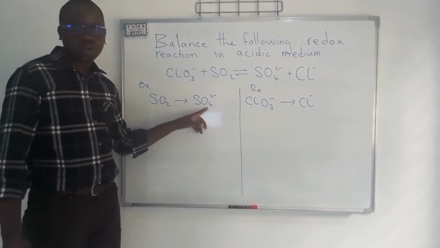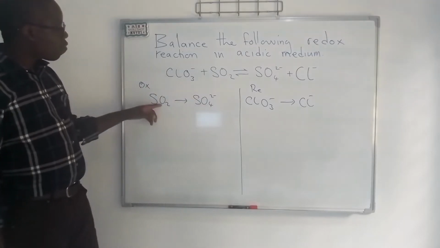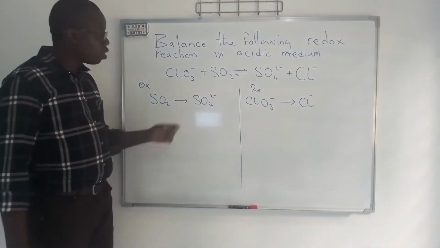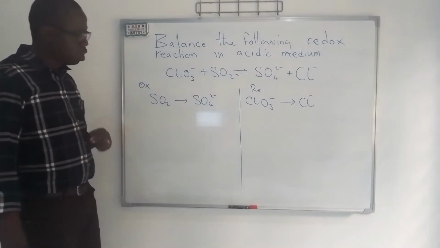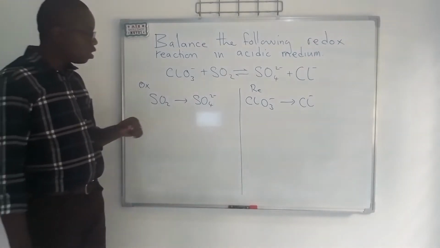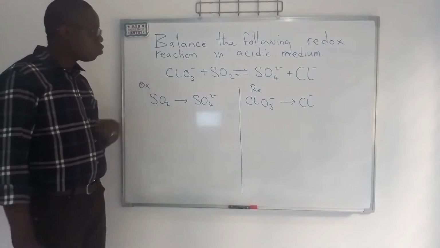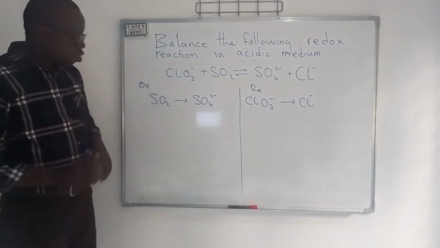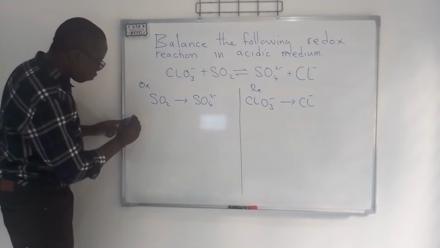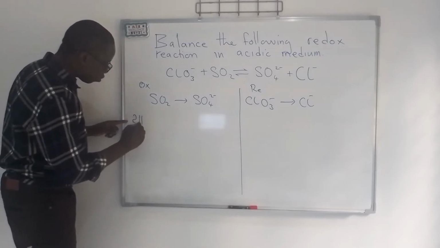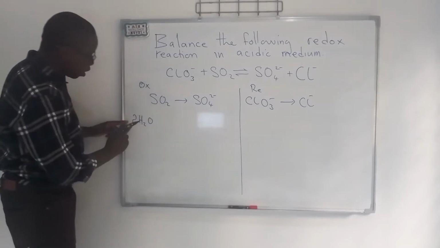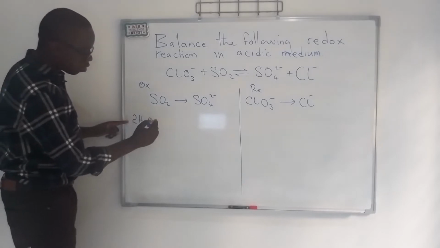So what do we do to equalize? We have a difference of 2 oxygens. That difference of 2 oxygens is equalized by introducing molecules of water. So this simply means we'll have 2 molecules of water that will give 2 oxygens.